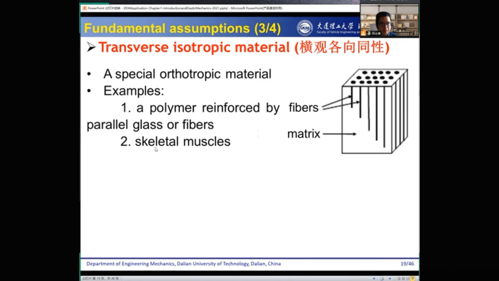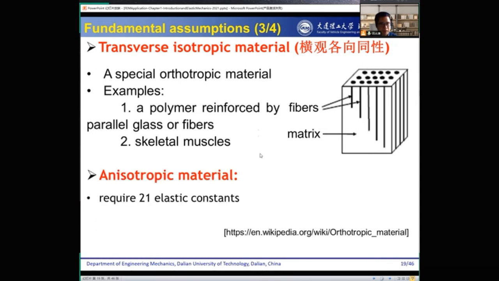We already talked about skeletal muscle. Another example is a polymer reinforced by parallel glass or parallel fibers. The most complicated material is the anisotropic material. The anisotropic material requires 21 elastic constants, and you can find more details about this material on this website.